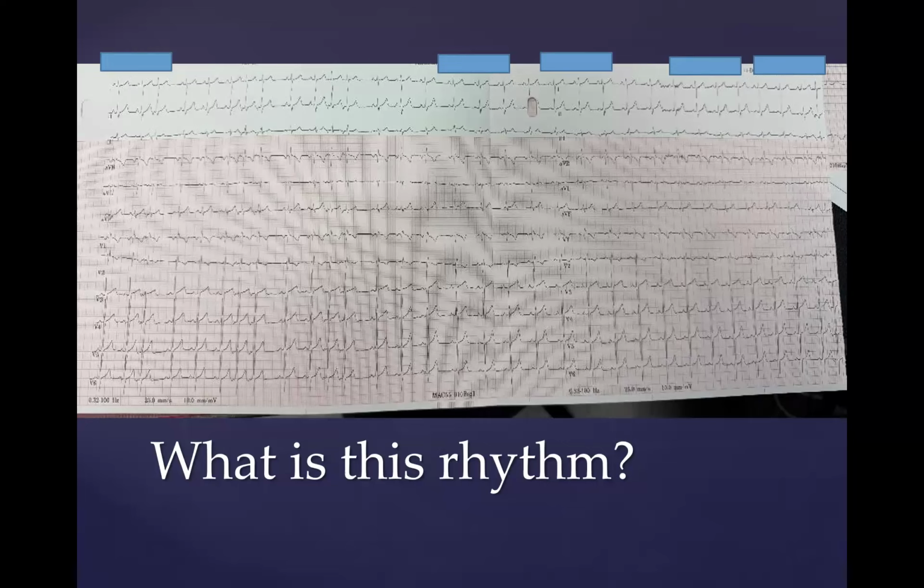In this case, one of the reasons I gave you this long strip is so that you can see that every time there are extra beats, like if you look in lead 2, every single time there's an extra beat, we have an inverted P wave just before the QRS. And it's clearly very different than the sinus P waves, which are clearly very normal appearing. They're upright in lead aVF and 1 and in lead 2.